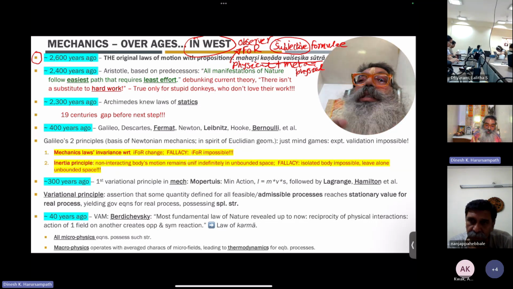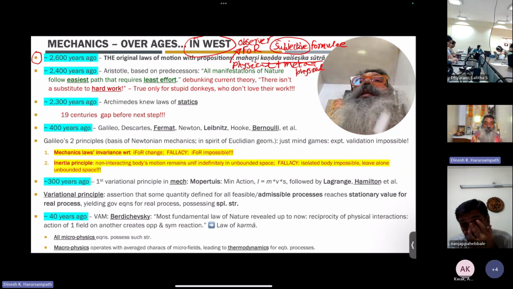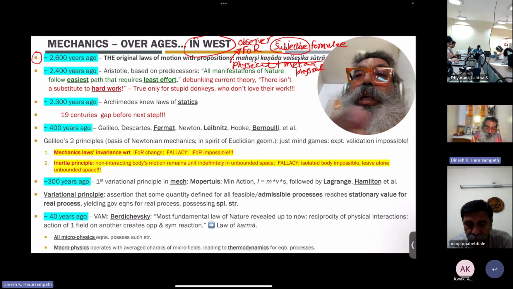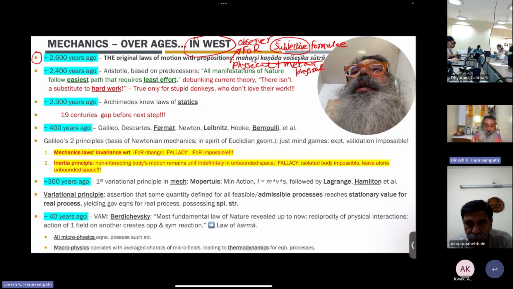The laws are just stated as they are, without going into the proposition on whose basis they were come up with. Whereas Maharishi Kanada actually talks about those propositions first and then comes up with the laws. So there is a logic or a rationality behind how it is developed, and that's probably where physics and science are headed in the future.